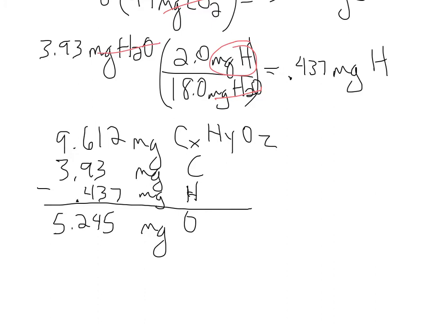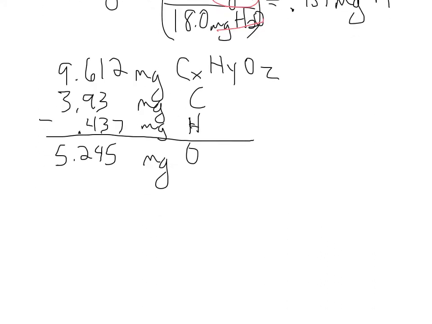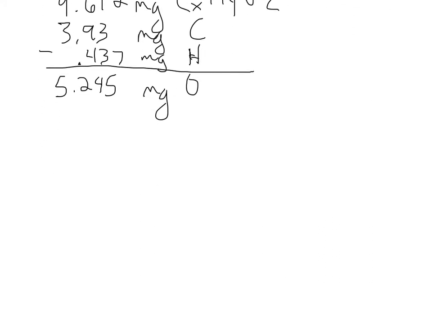From here, we've got a problem like what you've seen before in yesterday's WebAssign. We have certain numbers of grams, or in this case they gave us milligrams, of each of 3 elements.